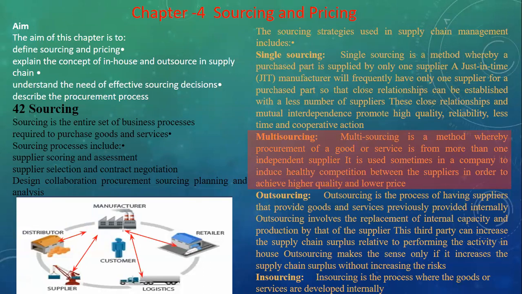We check out these competitions, then we can understand who is the right sourcing. So to maintain the competition of higher quality and lower prices, we depend on multi sourcing.